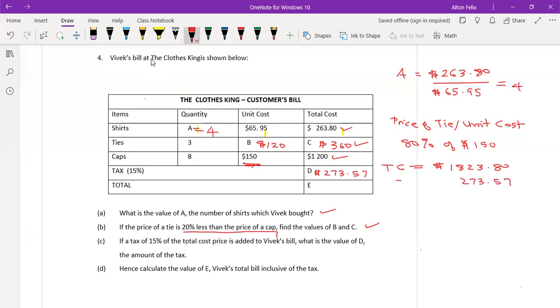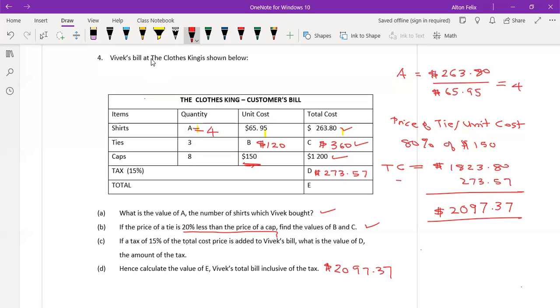So again, time for some old school maths. 0 and 7 is 7. 8 and 5 is 13. 3 and 3, 6 plus the 1 outside there is 7. 7 to 9. 8 and 2, 10. Right. So he has a bill of $2,000 plus. So his total bill here is $2,097 and 37 cents. Not bad.